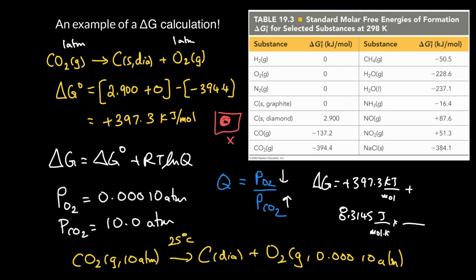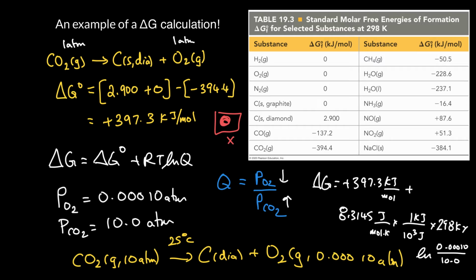We want both terms in kilojoules, and 1,000 joules is a kilojoule. T is 298 Kelvin. Then we've got the log of Q, where Q is the partial pressure of oxygen over CO2, so 0.00010 divided by 10.0.